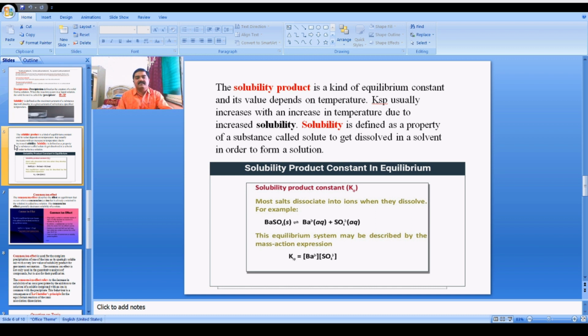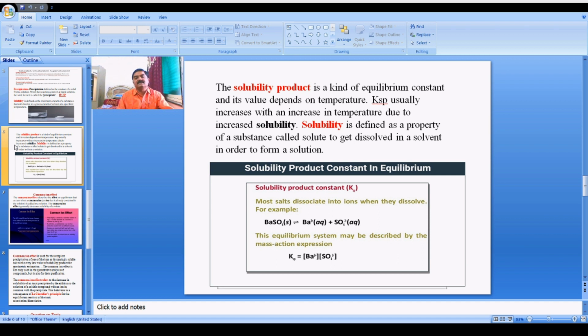When barium sulfate is ionized, it forms Ba 2+ and SO4 2-, and this reaction is reversible. That means the reactant is converted into product and again the product is converted back into the reactant.